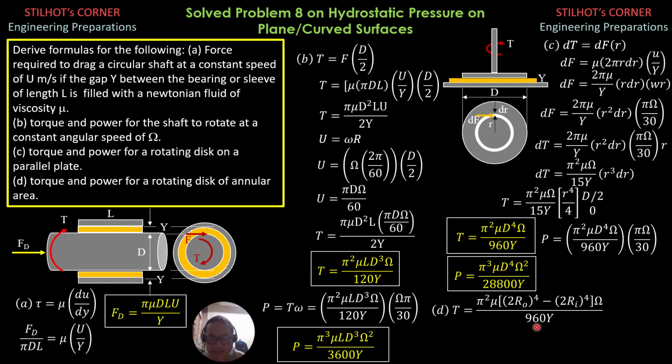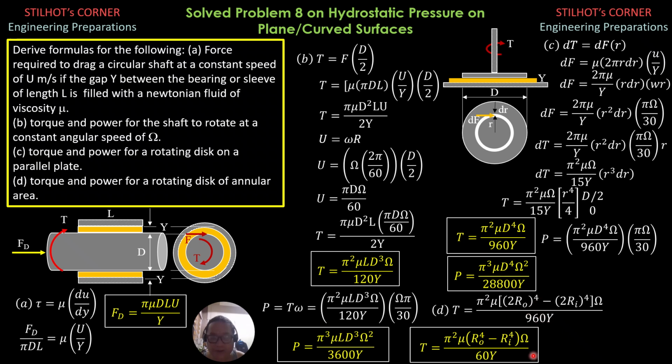Since this is 16 divided by 960, it goes back to 60. So torque equals pi square mu quantity R outer to the fourth minus R inner to the fourth omega over 60 times thickness, where 60 is 16, 2 to the fourth, that's 16 over 960.